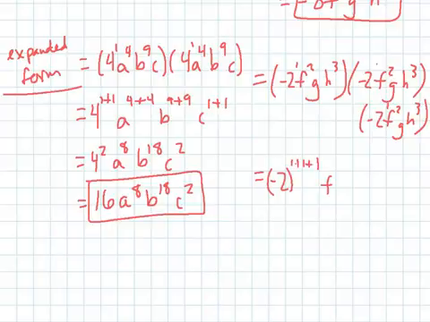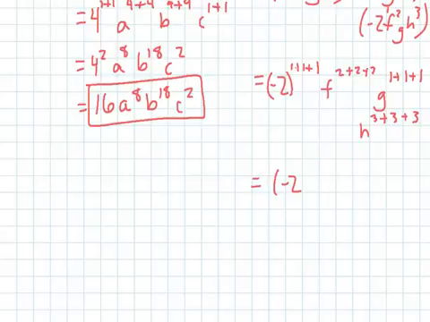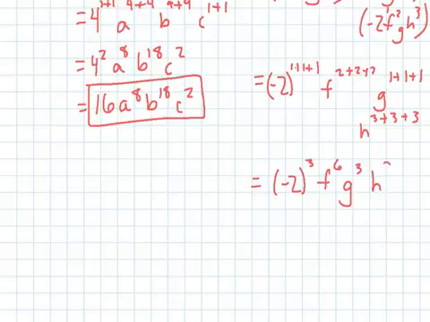And then f to the 2 plus 2 plus 2 power. I have g to the 1 plus 1 plus 1 power. And I have h to the 3 plus 3 plus 3 power. So that gets me negative 2 to the 3rd, f to the 6, because 2 plus 2 plus 2 is 6, g, 1 plus 1 plus 1 is 3, and h, 3 plus 3 plus 3 is to the 9th. And like I said, negative 2 cubed is negative 8.